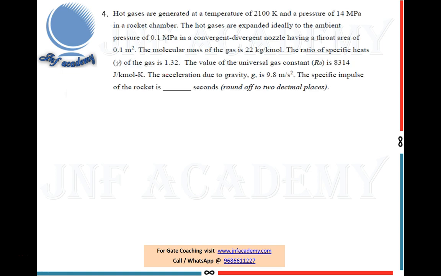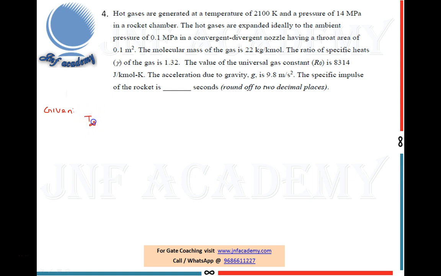So now let's move on to the fourth question. Hot gases are generated at a temperature of 2100 Kelvin. So first let's write, as usual, all the given information here. Okay, so the given information is the temperature is 2100 Kelvin.